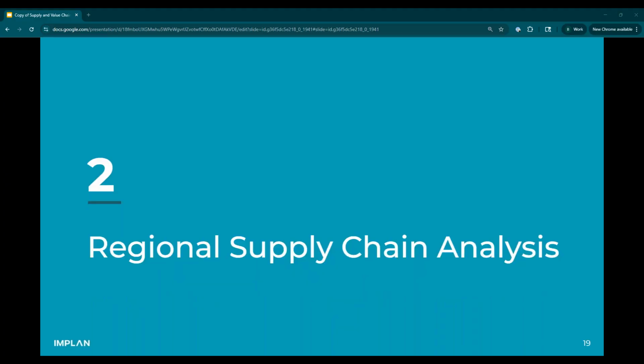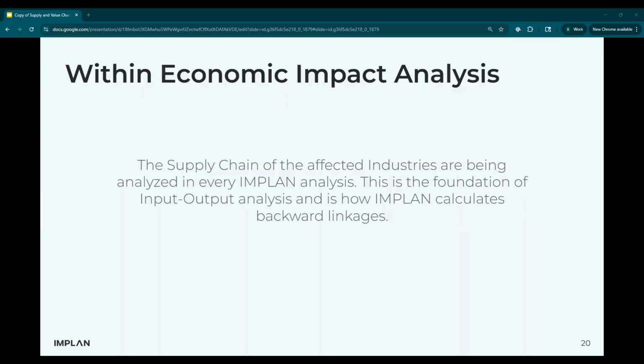Okay. So now we've separated our understanding of supply chains and value chains, so let's take a little bit of a look at regional supply chains. Input-output analysis is a way of calculating the effects of a change or shock to the economy along that industrial supply chain.